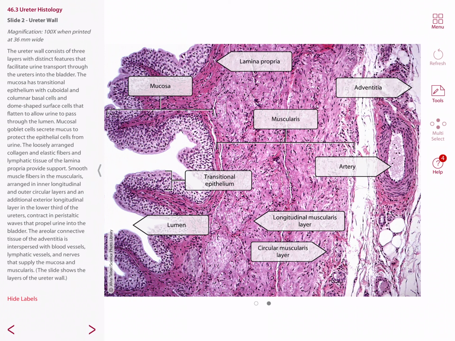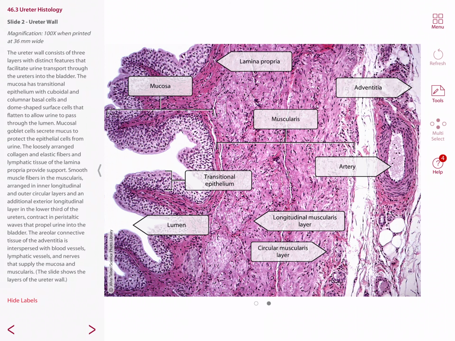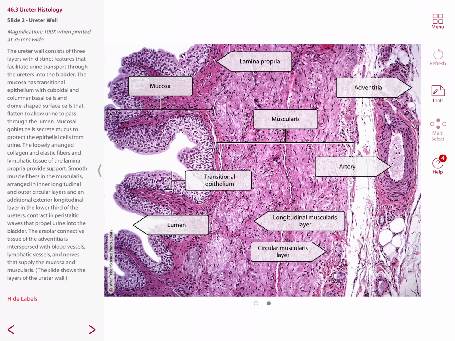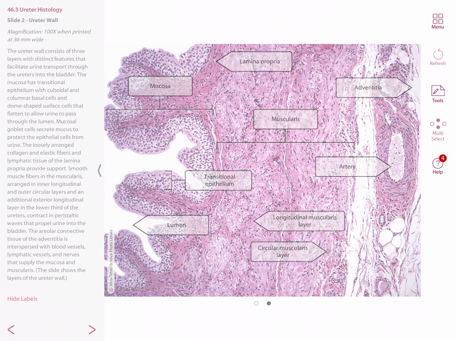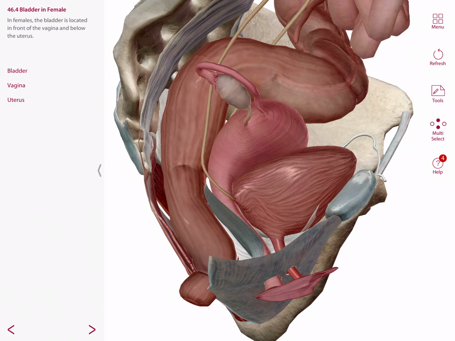And then inside of that, we have the transitional epithelium facing the lumen there. So that's where the urine would be traveling through. And that transitional epithelium, again, would change shape depending on how much fluid was passing through the structure.